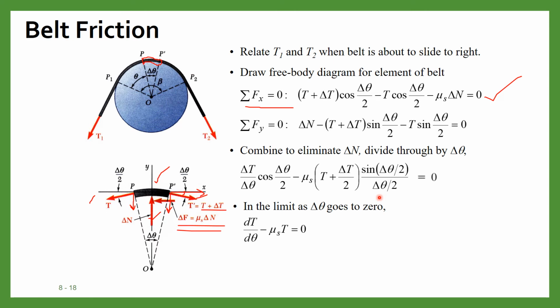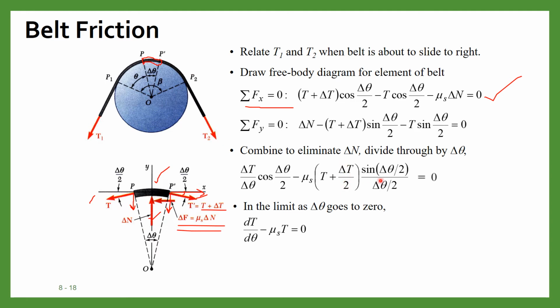Okay. Now if delta theta is very small, then this term becomes 1 because cos 0 is 1. So when delta theta approaches 0, this term becomes dT by d theta, and you can also neglect delta T because as delta theta approaches 0, this delta T will also be negligible.